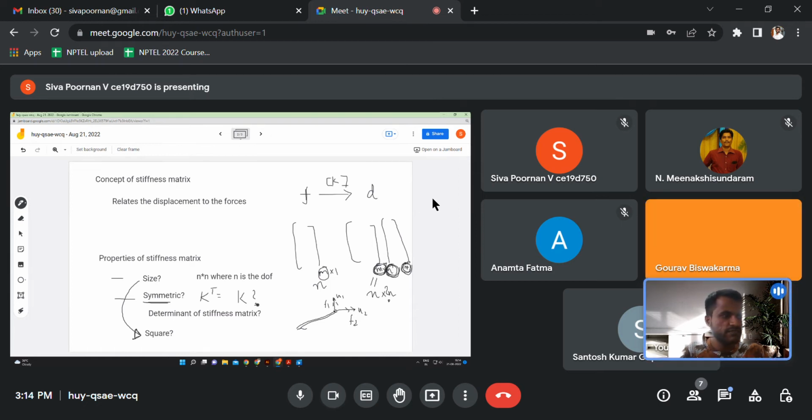Yes, Maxwell's rule is one very good example. Can you explain it in detail? Force at 1 2 should be equal to force at 2 1, is that not what Maxwell's rule is, right?